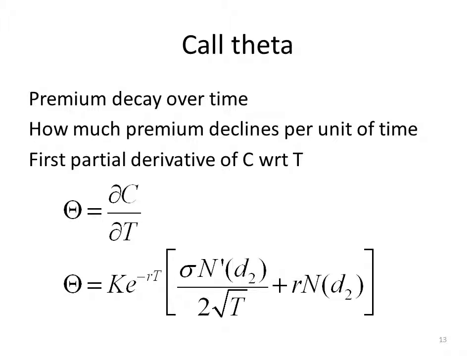That's the first partial of C with respect to T. We calculate theta from K times little e raised to the minus RT, all times the quantity standard deviation times the first derivative of N of D2, all divided by 2 times the square root of T, and we add to that risk-free rate times N of D2.